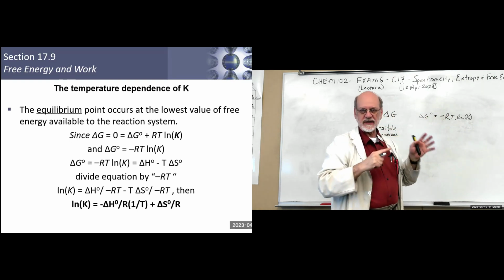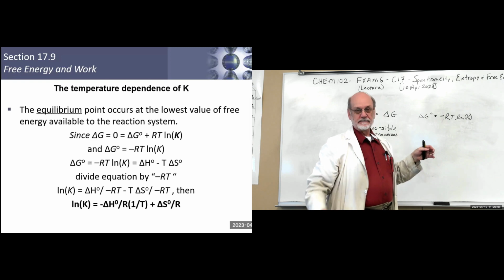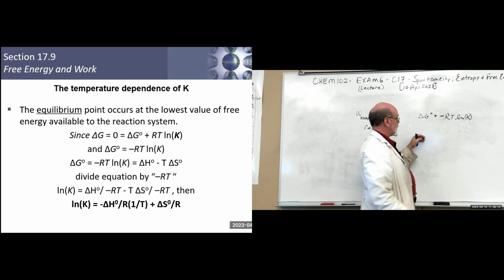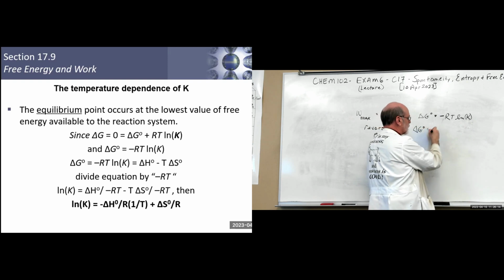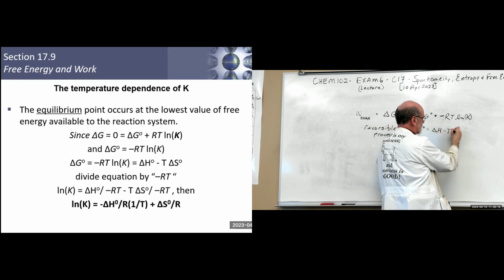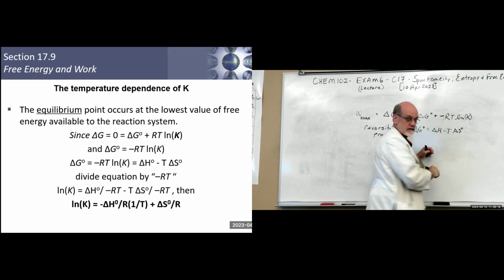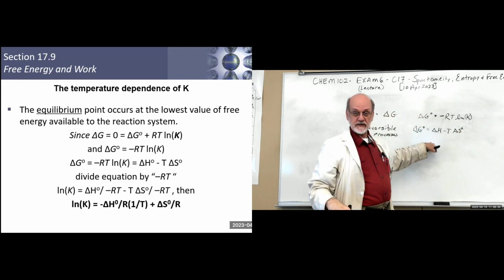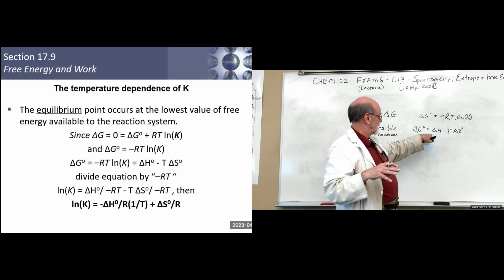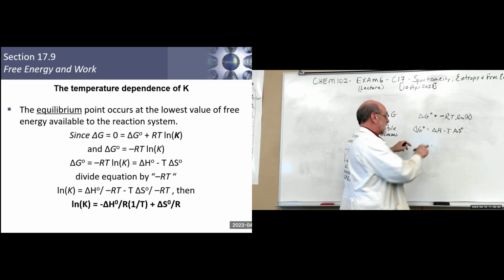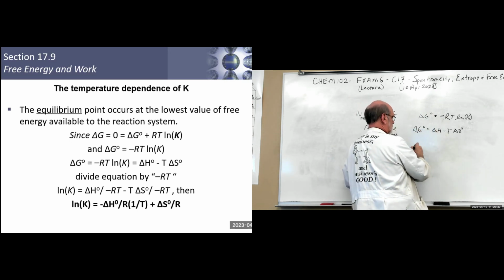What's the interdependence here? If we say that delta G0 is also equal to delta H minus T delta S, that's Gibbs equation, then at equilibrium we can say that this one equals that one.